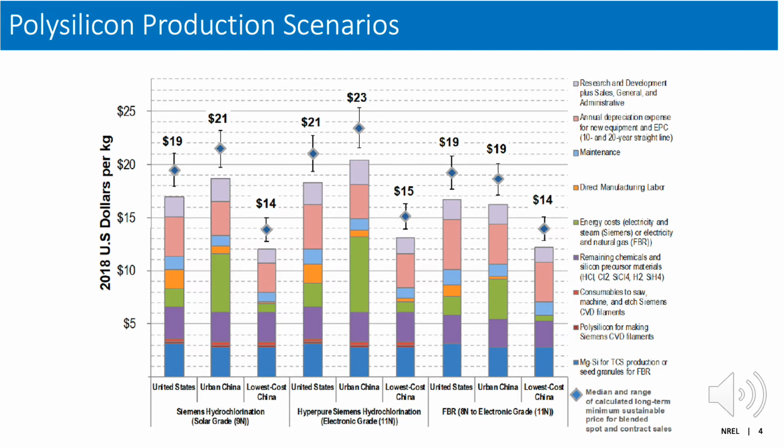The cost by step data for the Siemens process shown on the last slide is summed into the first bar on this chart. The Siemens steps were modeled using data from multiple China locations as well as the United States data, and you can see the differences between the first 3 bars here occur mainly in the electricity and labor categories. 2 other polysilicon production methods were modeled for these different locations as well, including the hyperpure Siemens process as well as the fluidized bed reactor process.